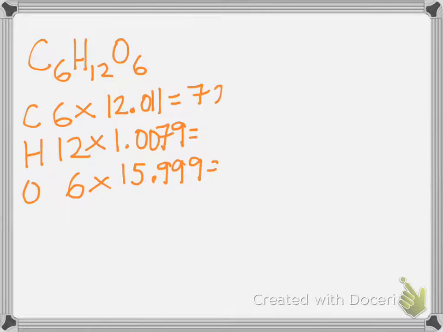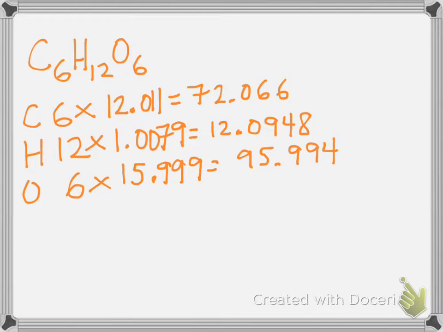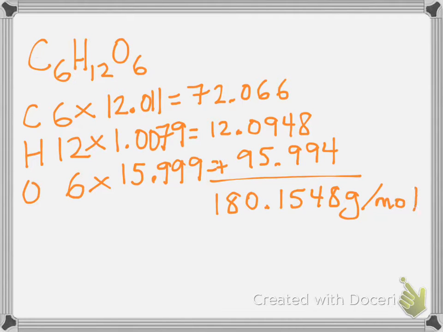So I have 72.066. I have 12.0948. And I have 95.994. Then I'm going to add those 3 numbers together. And I get 180.1548. And again, it's molar mass, so it's grams per mole.